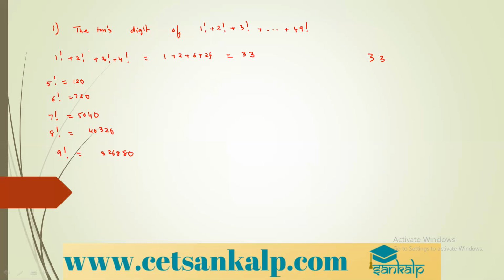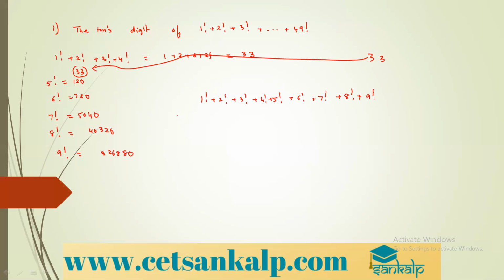Already the sum 33 I got here. So basically what I'm doing is I'm just adding 1 factorial plus 2 factorial plus 3 factorial plus 4 factorial plus 5 factorial plus 6 factorial plus 7 factorial plus 8 factorial plus 9 factorial.